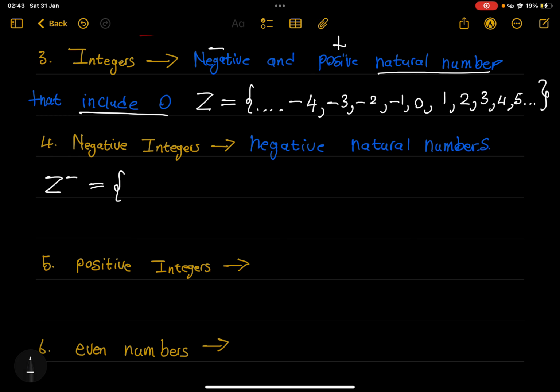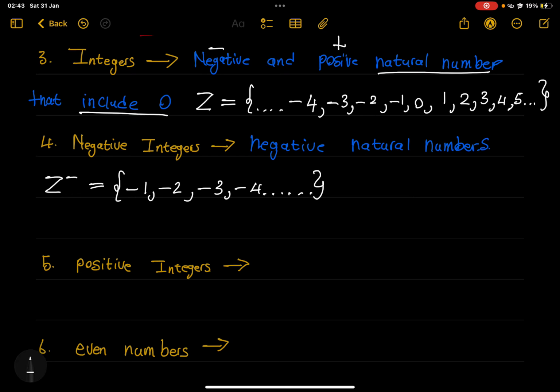We don't have 0 there, so we're going to have -1, -2, -3, -4. Since it doesn't end, we put our ellipses.